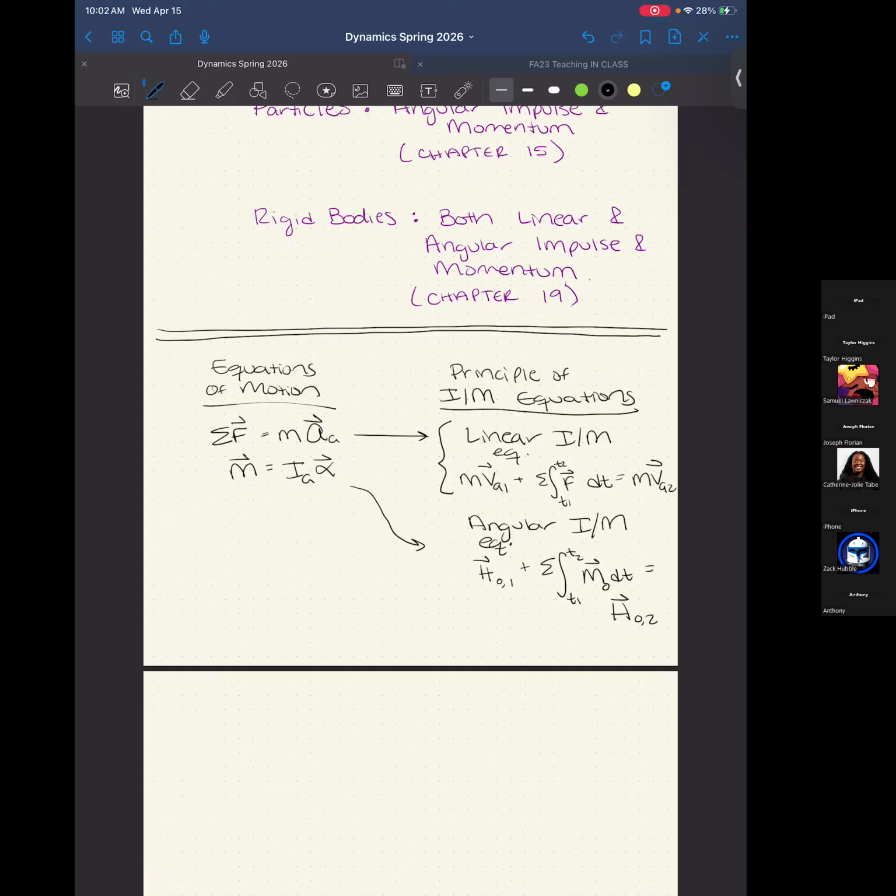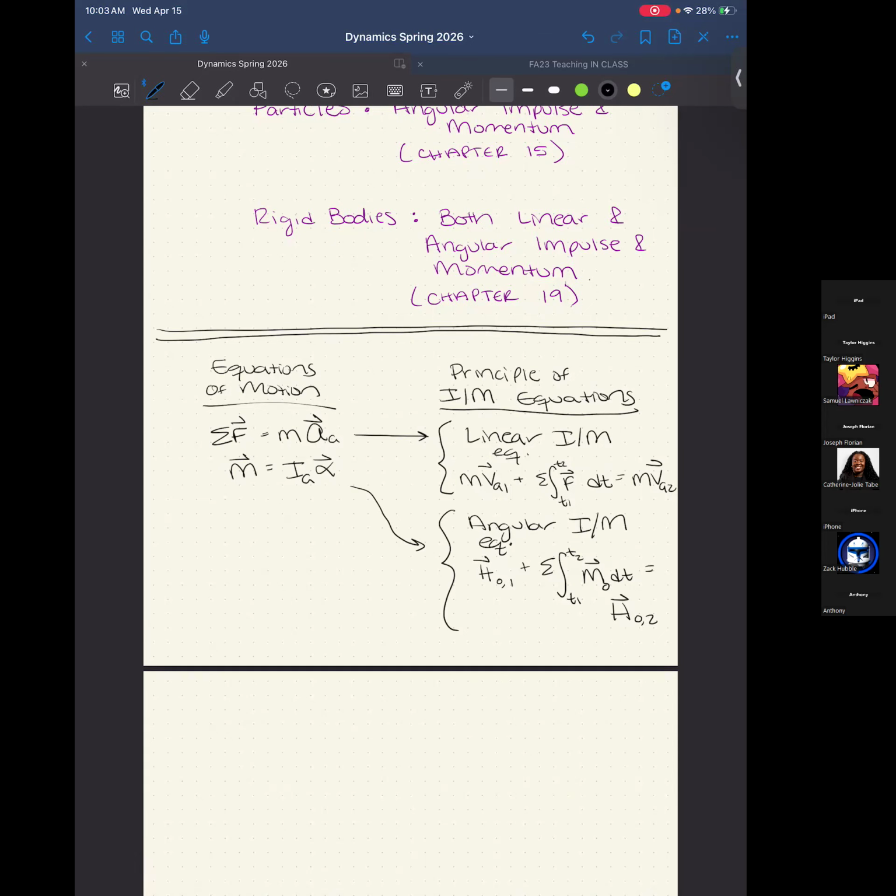Again, still a vector equation. I can sum moments about the X, Y, or Z axis and I can find angular momentum about the X, Y, or Z axis. So these are the most general way to write these down, so that it incorporates the fact that these things all happen in all three dimensions.